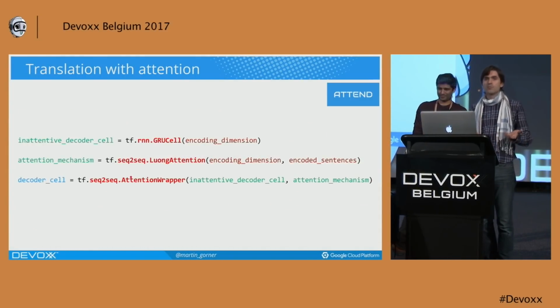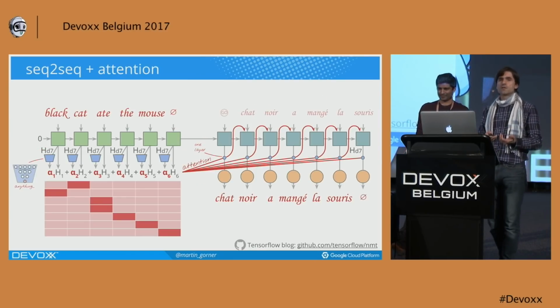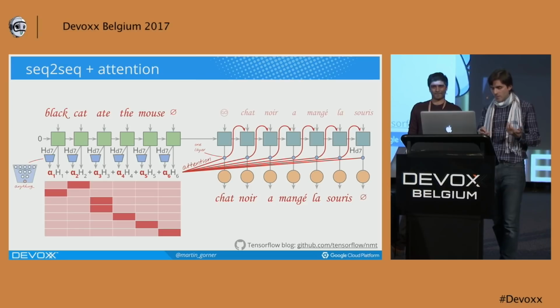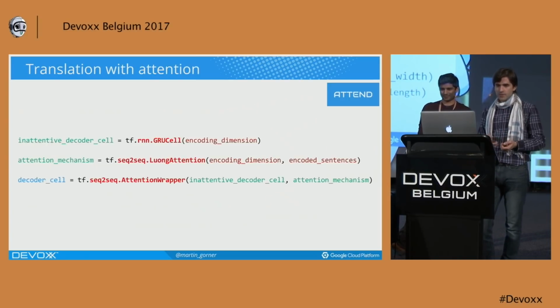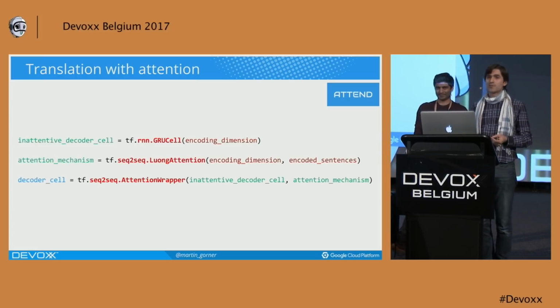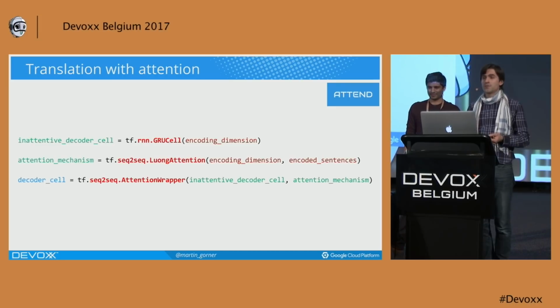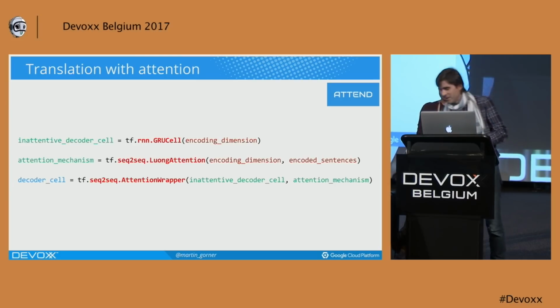That's the entire implementation using the sequence-to-sequence API in TensorFlow of this sequence-to-sequence model with attention. And it's exactly 10 lines of code. So yes, Google Translate is actually 10 lines of code. We are skipping some of the glue code that loads the data in and all that. And yes, Google Translate has a few more lines, but let's see if this actually works, if this translates something.